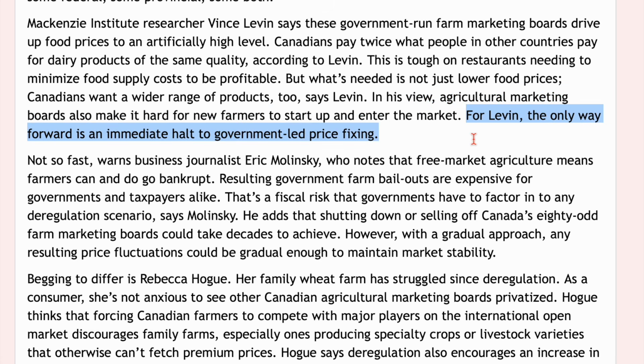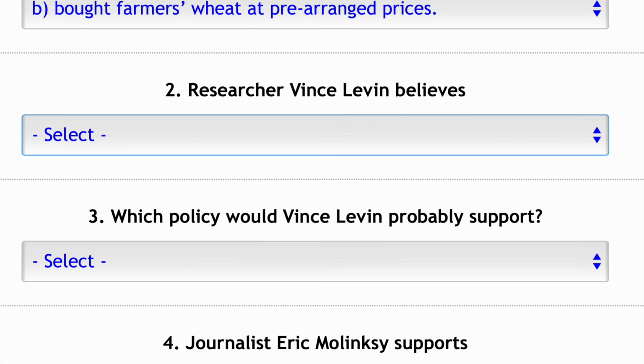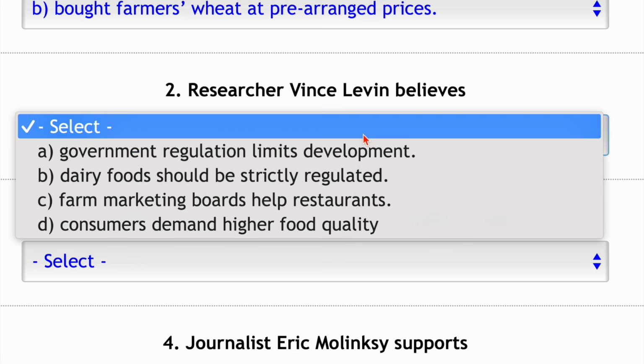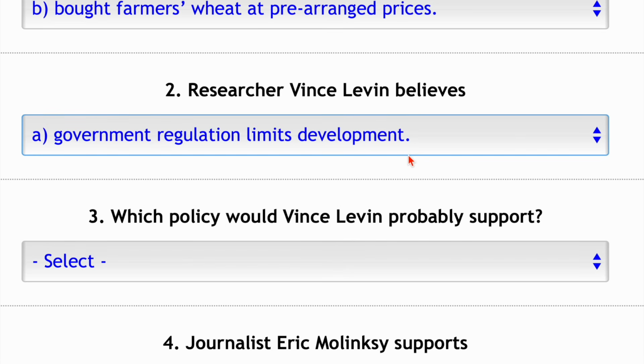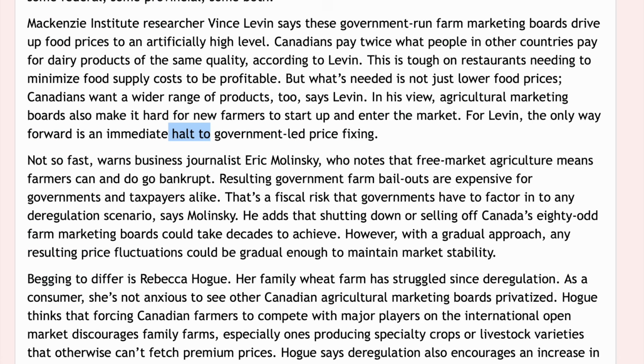So for Levine, the only way forward is an immediate halt or stop to government-led price fixing. So the answer here would be A. Why A? Limits development. So it means government control stops growth and development of farmers, basically. Limits, or it's hard for new farmers to start up. So limits, reduces, restricts.